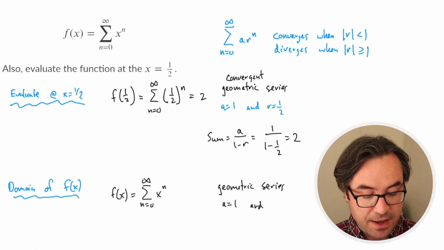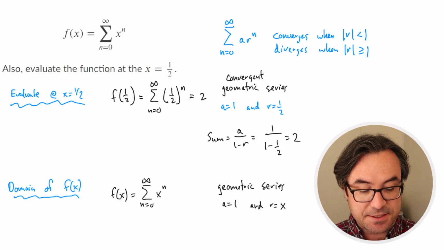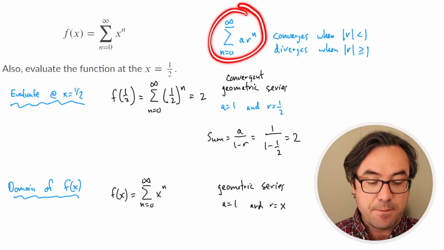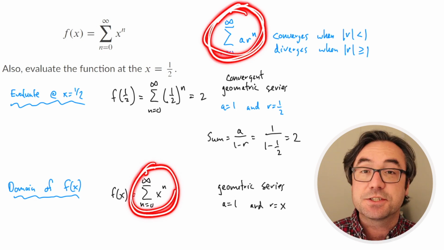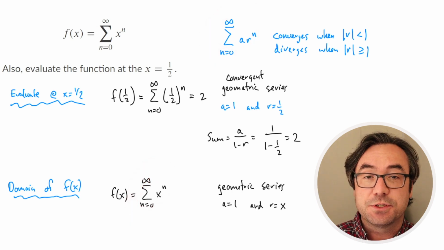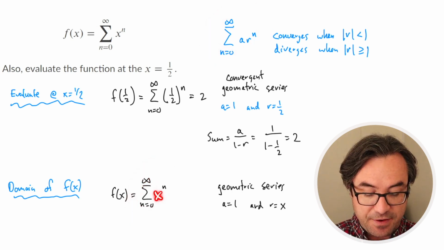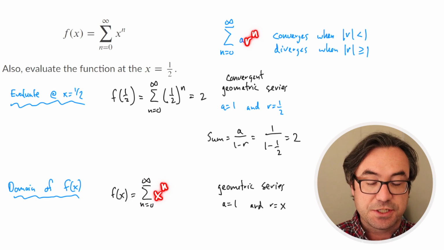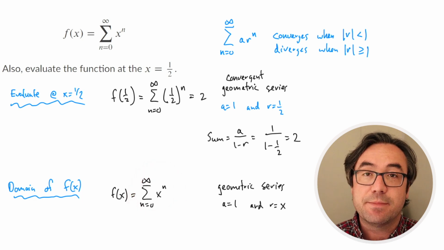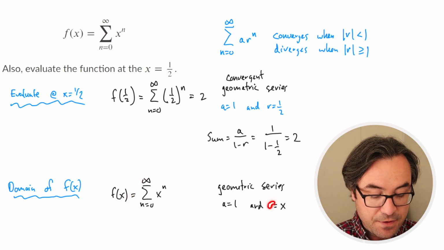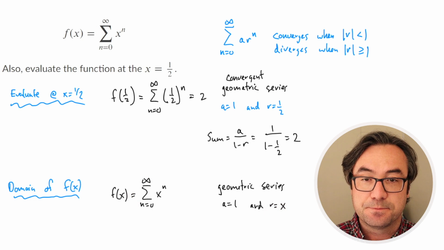And the r value is x. I'm just trying to match up the general form for a geometric series with the formula for our power series. I see that x raised to the power n matches up with r raised to the power n. So if we're viewing this as a geometric series, the r value here is just x.